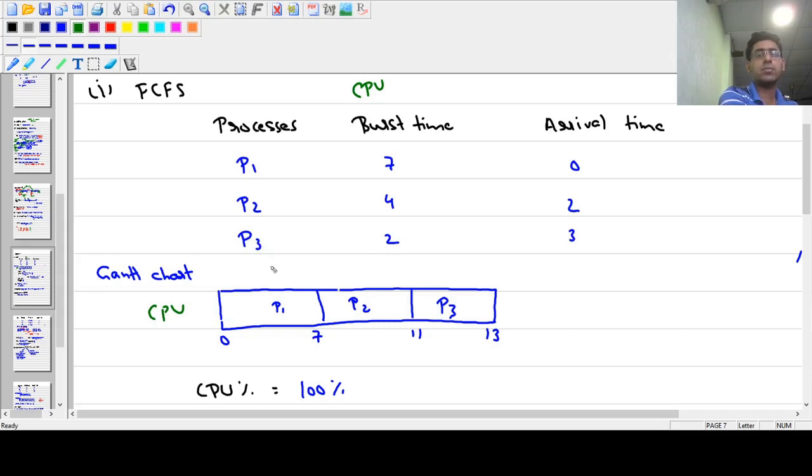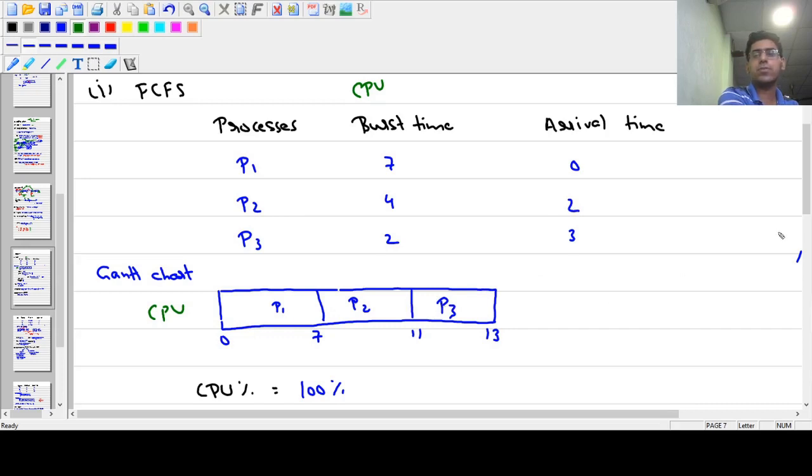So the operating system takes into consideration that process P2 has come first, then process P3, so it allocates the CPU to process P2 as soon as process P1 finishes. Among P2 and P3, who came first? P2 has come first, so P2 is allotted the CPU, and then P3 is allotted the CPU.